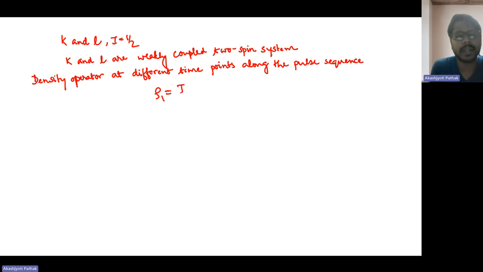At different time points, we can write this as I K Z plus I L Z, right? And then rho two we can write as minus I K Y plus I L Y.